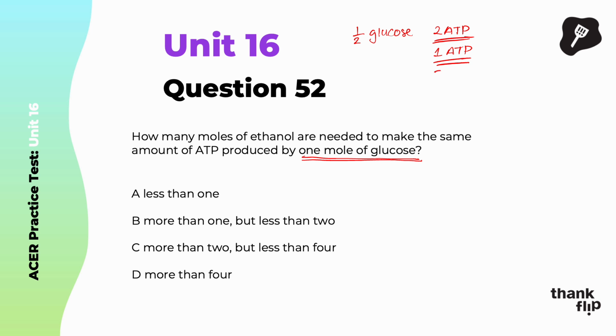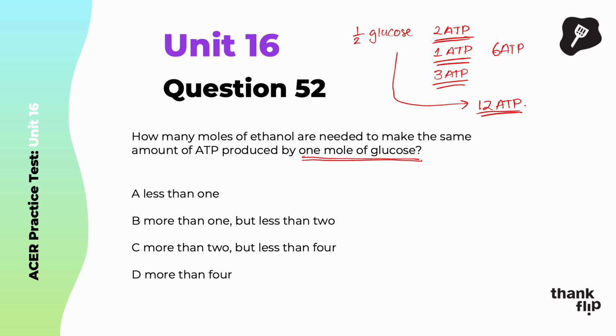And so you have 3 ATP being produced here. Okay. So, total for 1/2 of a glucose mole, you are getting 6 ATP. So 1 whole glucose mole will result in 12 ATP, so double that.